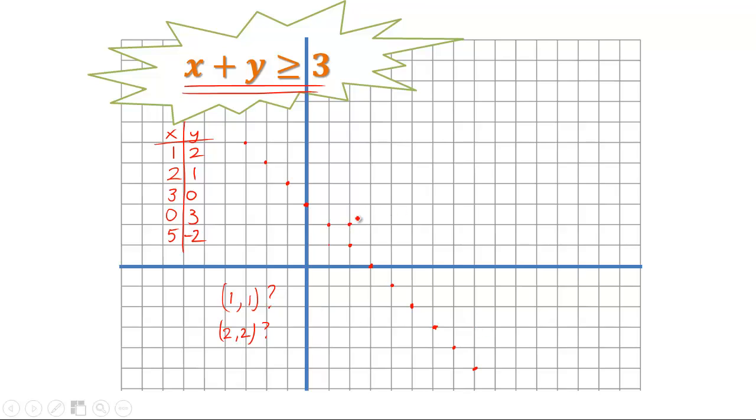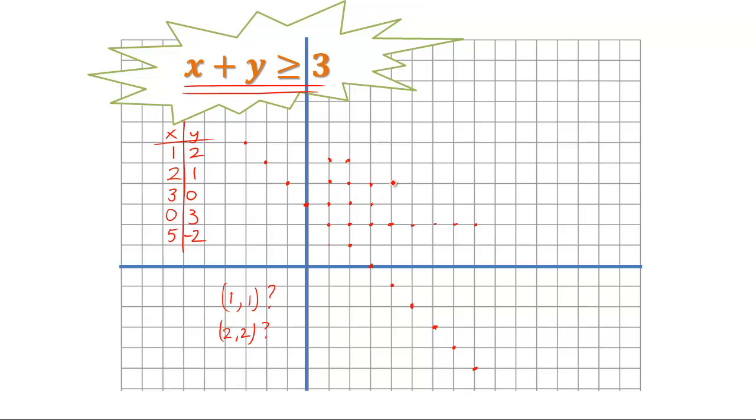So this point works. 3 plus 2 is 5. That point works. 4 plus 2. So anything bigger than 1 plus 2 is going to give us something bigger than 3. And similarly goes for all these other points on this side of the boundary.